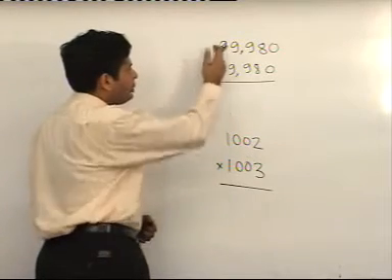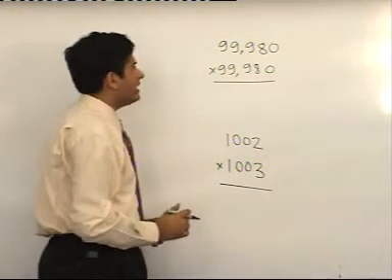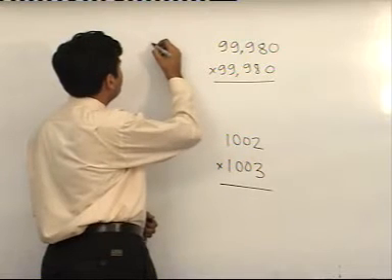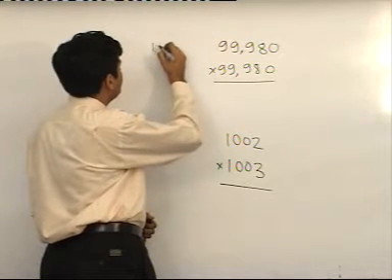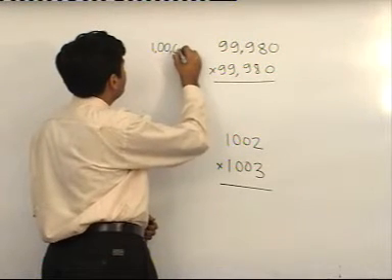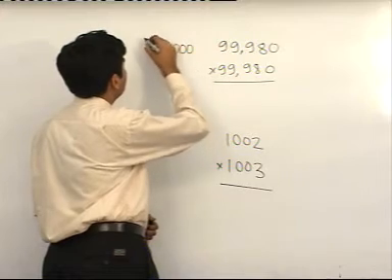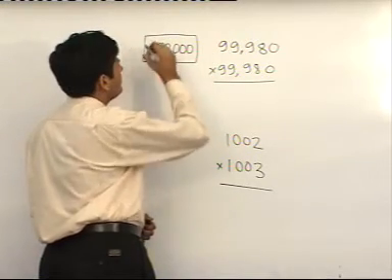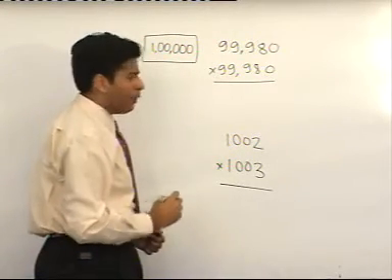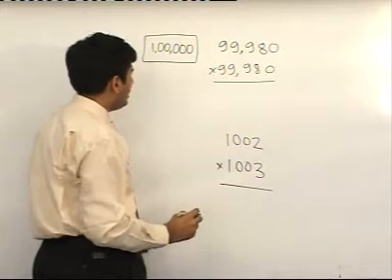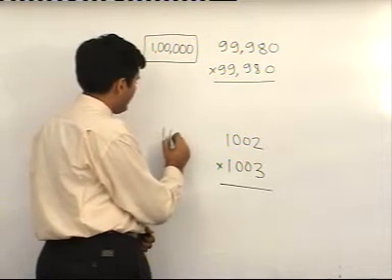Here both the numbers are closer to the base 1 lakh. And here both the numbers are closer to the base 1000.